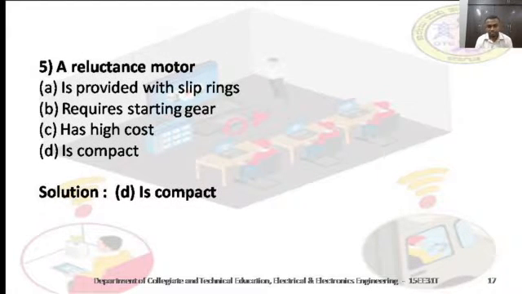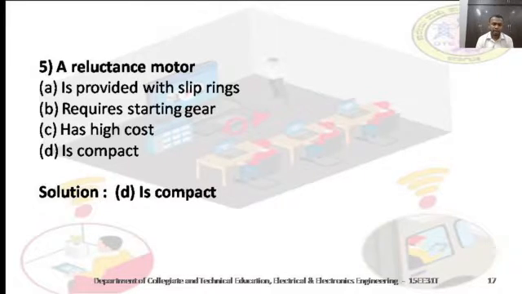The next one, a reluctance motor is provided with slip rings, requires starting gears, has high cost, is compact. So it's a compact one. It does not require any starting gears or slip rings, because we are giving supply straight away to the stator winding, and the rotor is a ferromagnet.